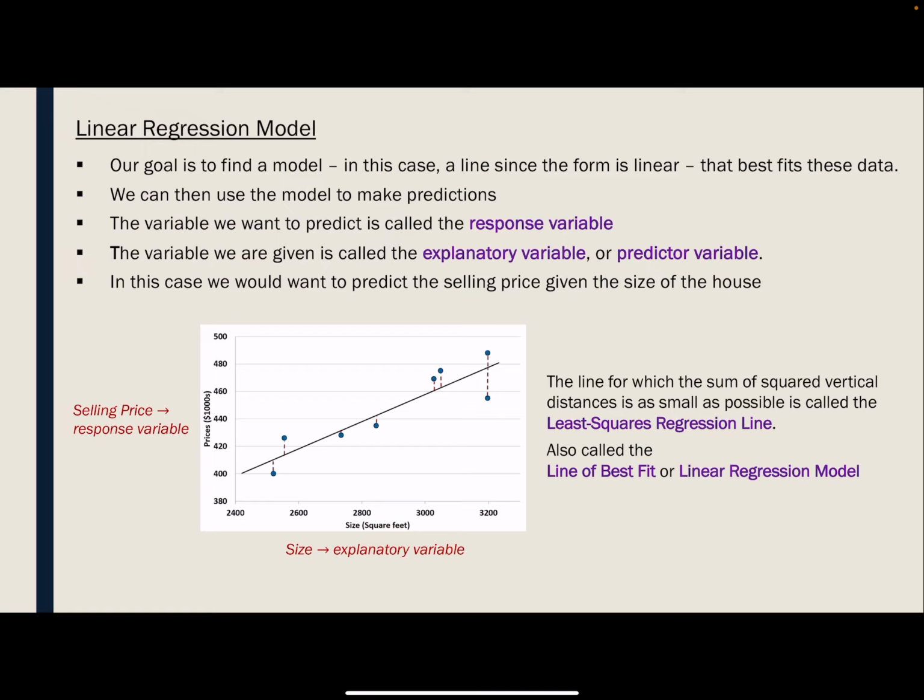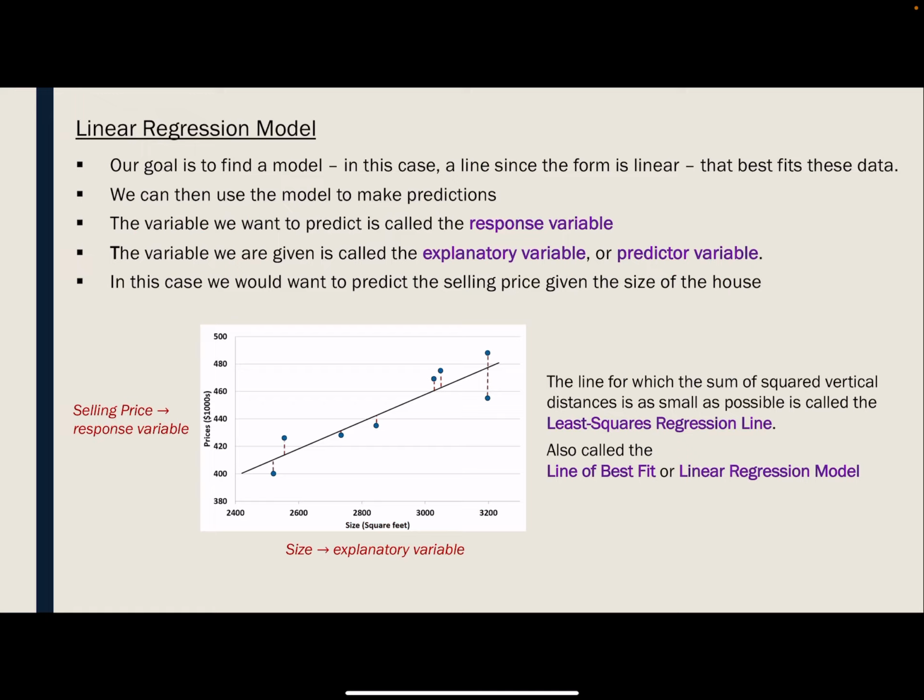Before, when we found the correlation coefficient, we said that it didn't matter which was our x variable and which was our y variable. But now that we're finding a model, it does matter. We want to make sure that the x is our explanatory variable and our y is the response variable.